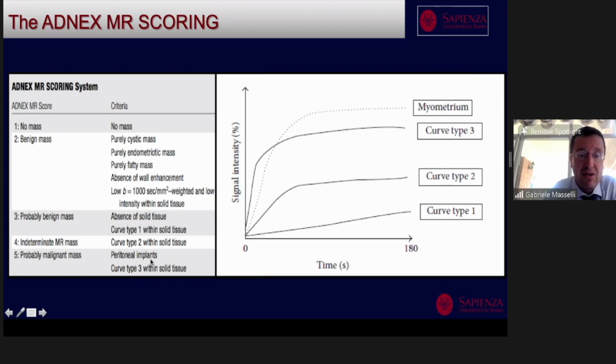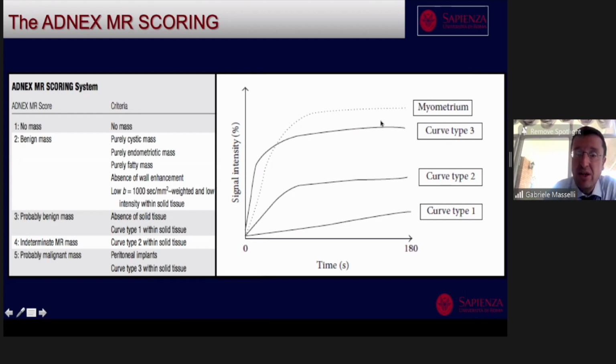You can assess the presence of peritoneal implants, and we also have to evaluate the dynamic curve of the enhancement. It's important not only to evaluate the morphology of the curve, but also to compare it with the physiological myometrial enhancement.